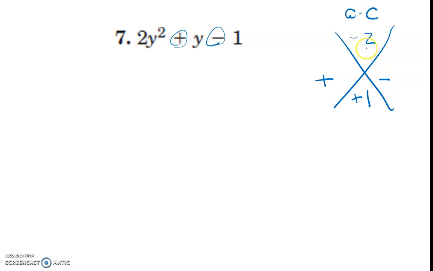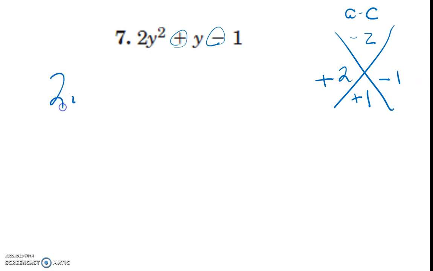So the only way I can get a 2 by a product is through 2 and 1. So the question is it 2 minus 1 or is it 1 minus 2? So I have a positive 1 down here, so the larger number has to be positive, and so these become my two middle terms.